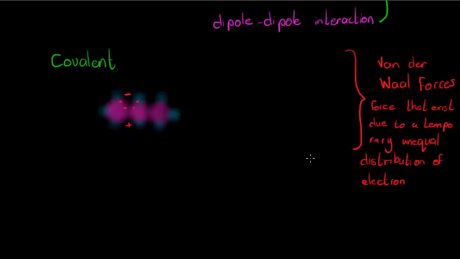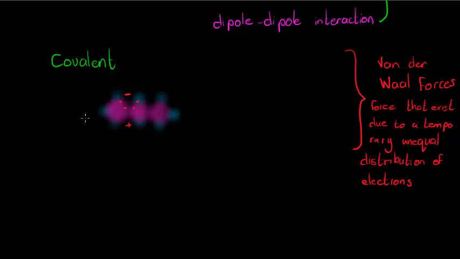Now we get different types of van der Waals forces that have different varying strengths, and I'll explain more about that when we get to some of the other organic substances. But when it comes to alkanes, we are primarily working with this unequal distribution of electrons. Again, there's more than one type of van der Waals force.